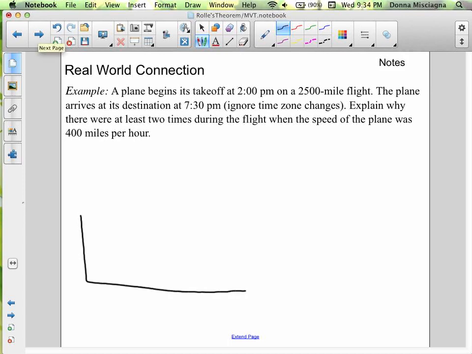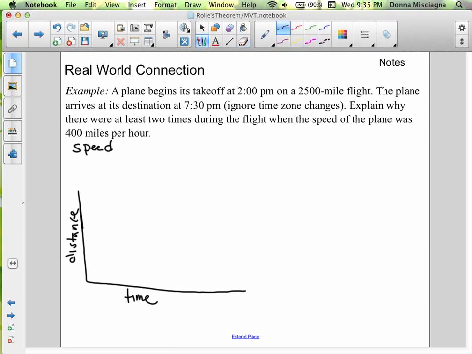On the x-axis we have time. On the y-axis we have distance. Right, and speed, ignoring direction. The speed's always positive, but you don't have to worry in this case.